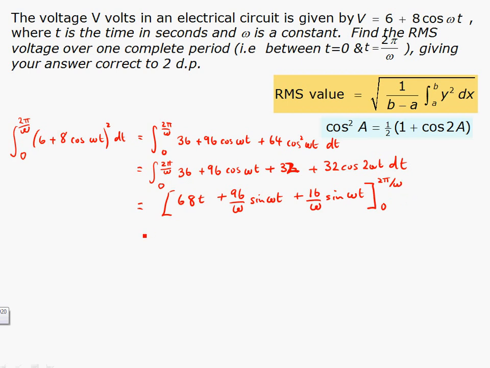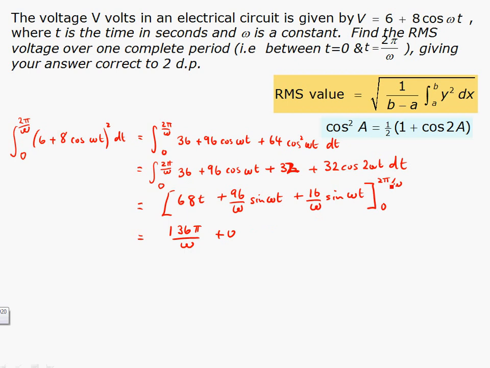Substituting in the limits, t is 2 pi over omega. If we substitute that in there, we'll get 2 pi times 68 over omega, which is 136 pi over omega. If we substitute 2 pi over omega into sine omega t, the omegas cancel, we'll get sine of 2 pi. Sine of 2 pi is 0, so we'll get plus 0.